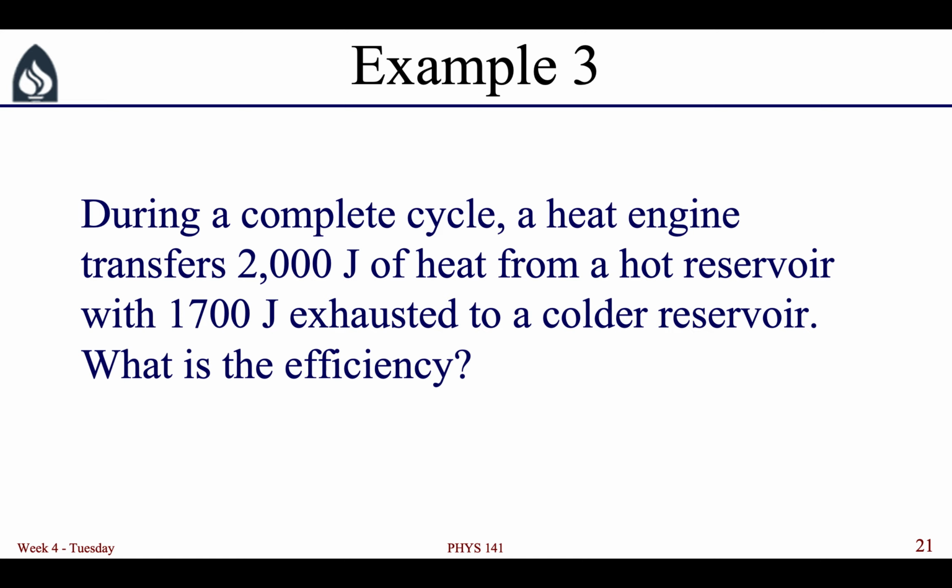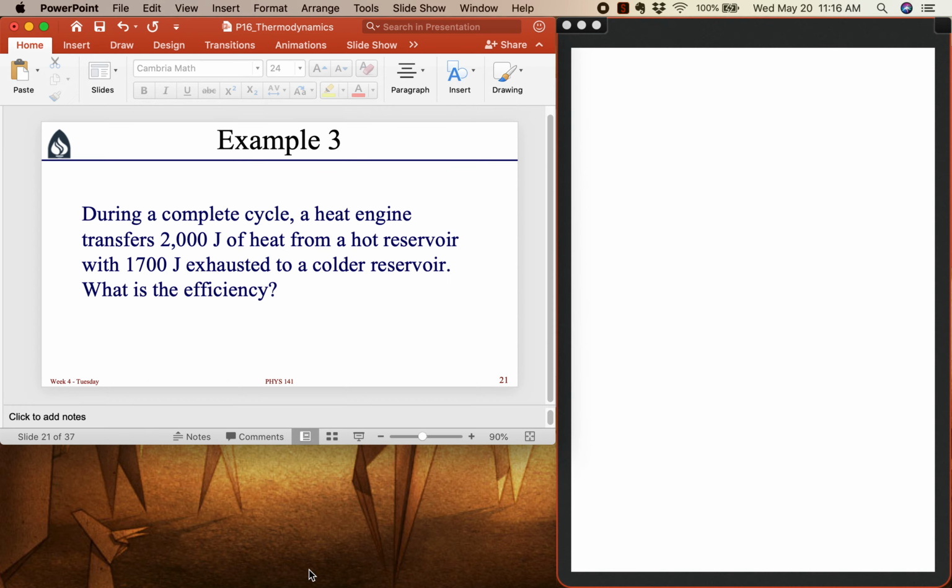During a complete cycle, a heat engine transfers 2,000 joules of heat from a hot reservoir with 1,700 joules exhausted into a cold reservoir. What is the efficiency of this engine? So let's take a look at this problem. This heat engine is going to be taking in 2,000 joules of heat from our hot reservoir.